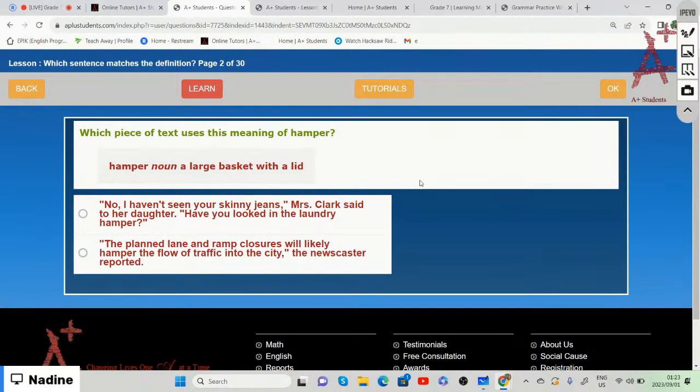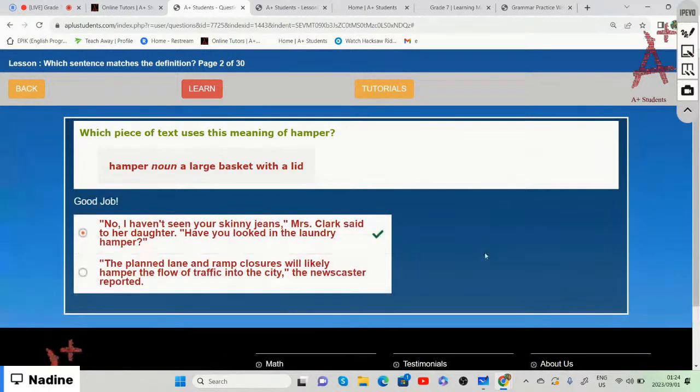Right, so there we already have the one word. The planned lane and ramp closure will likely hamper the flow of traffic into the city, the newscaster reported, which means that we are going to choose the first one. So well done.